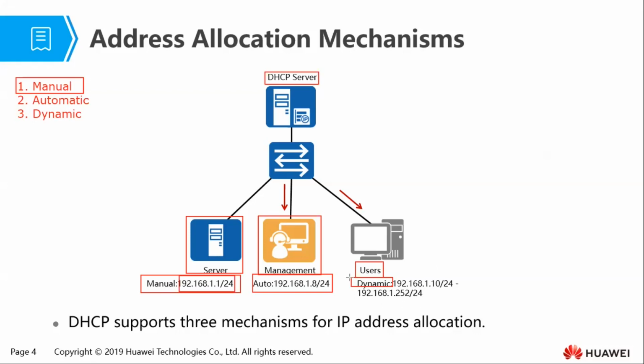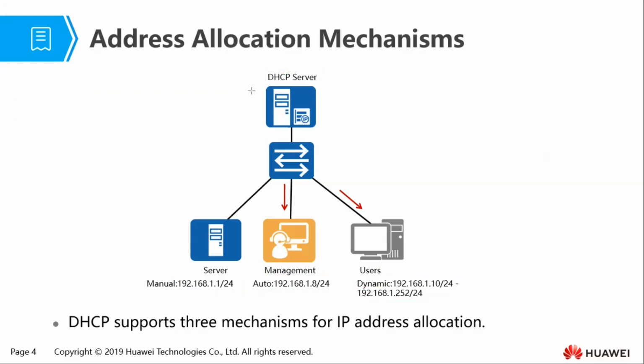Dynamic allocation has a pool of IP addresses, and the IP address assigned to a particular device is assigned temporarily for a particular period of time. Those are the three mechanisms used by DHCP for address allocation. So let's move on.